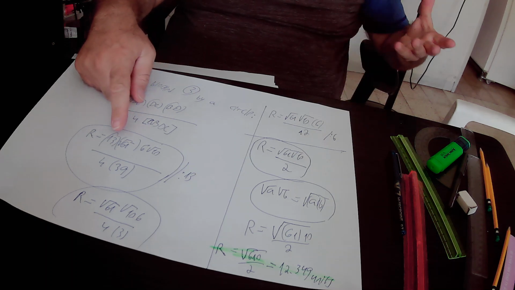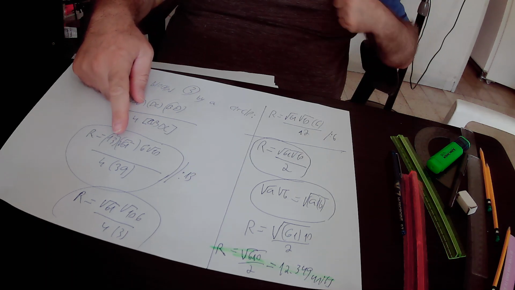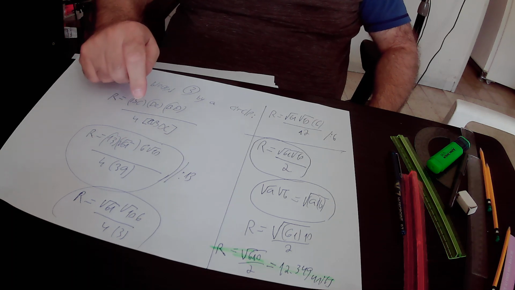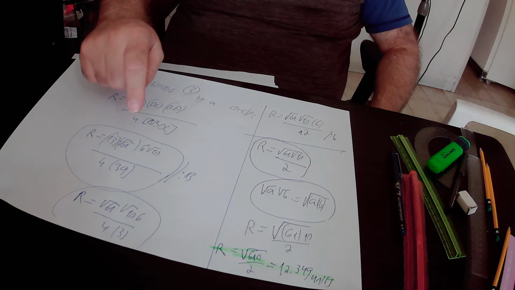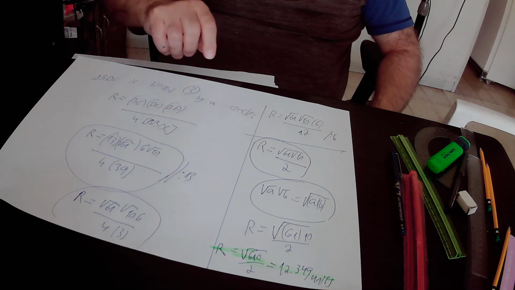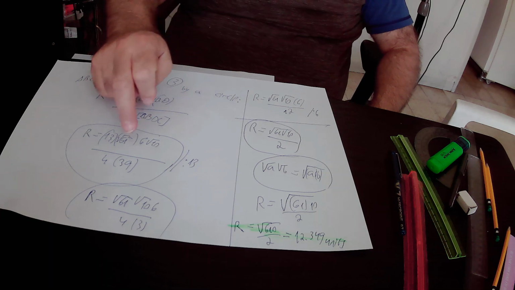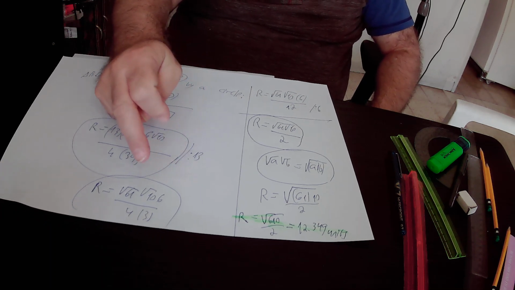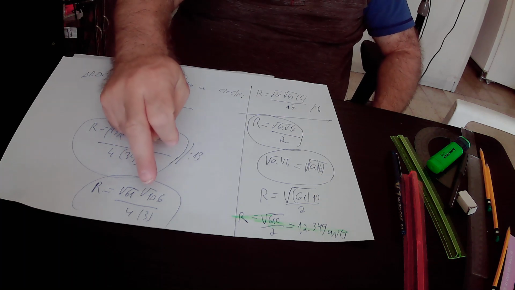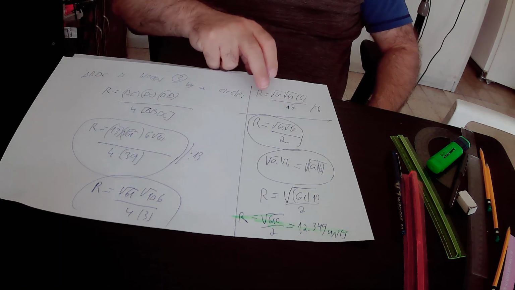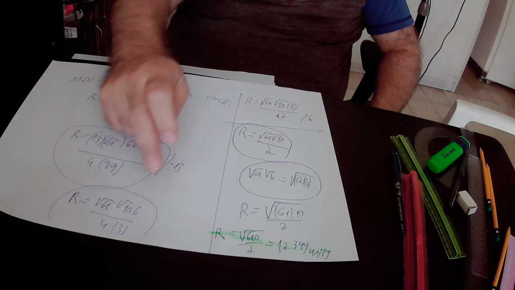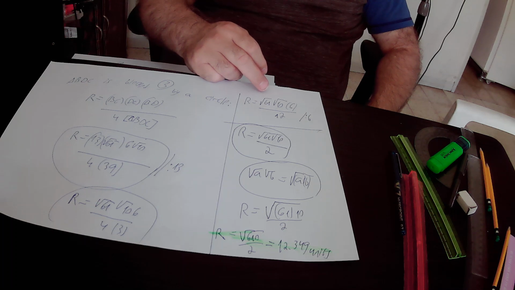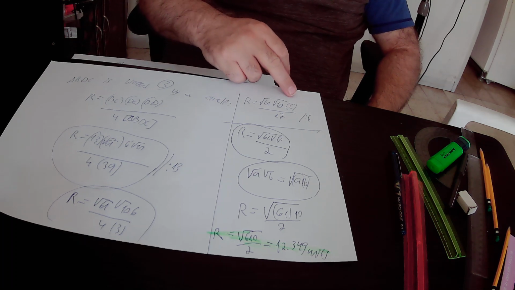In the denominator we have 4 times 39, and 39 over 13 is 3. So in total, in the denominator we are left only with 4 times 3. So the radius of the circle equals the square root of 61 times the square root of 10 times 6 over 4 times 3. 4 times 3 in the denominator is 12. In the numerator we have the square root of 61 times the square root of 10 times the square root of 6.